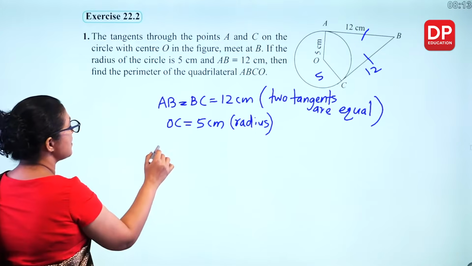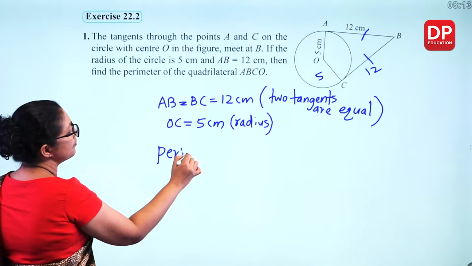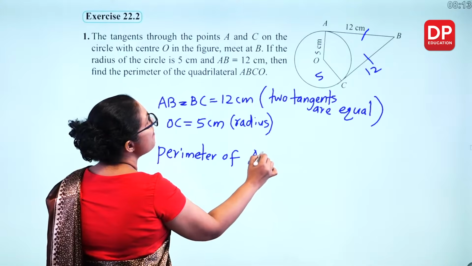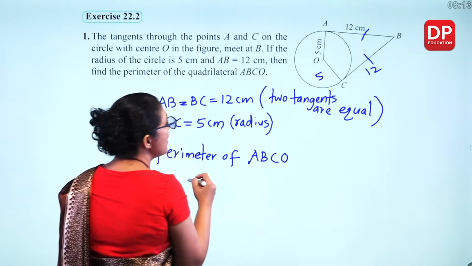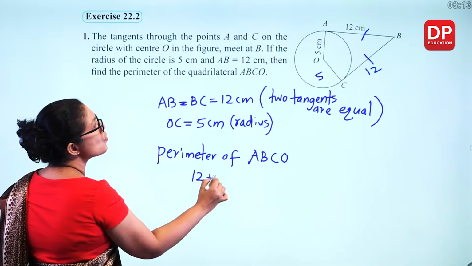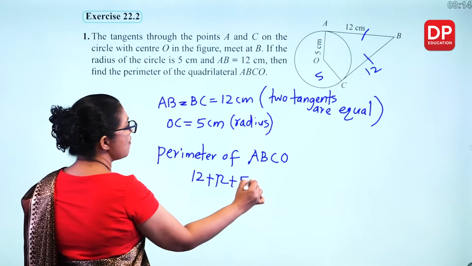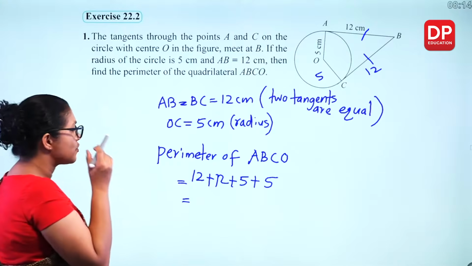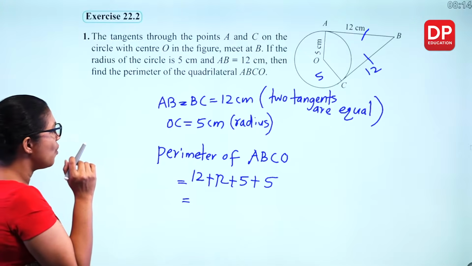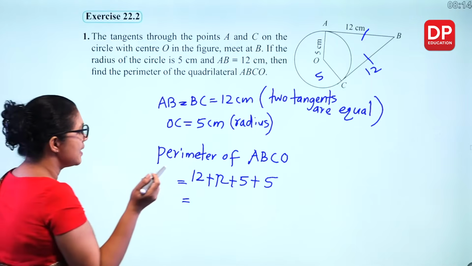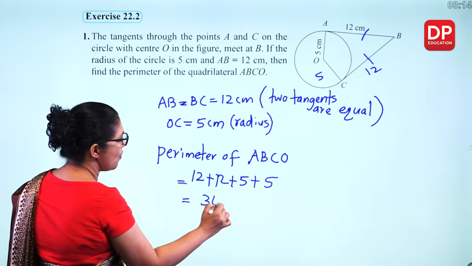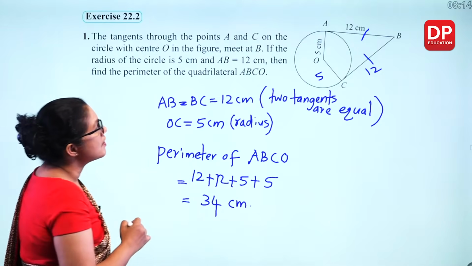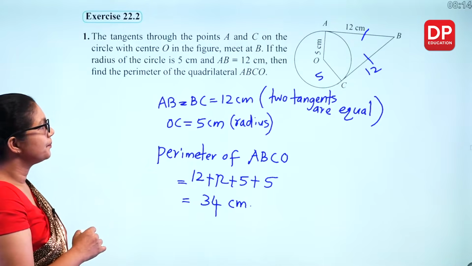The perimeter of ABCO is 12 plus 12 plus 5 plus 5. 12 plus 12, 24. 24 plus 10, 34. Unit is centimeters.